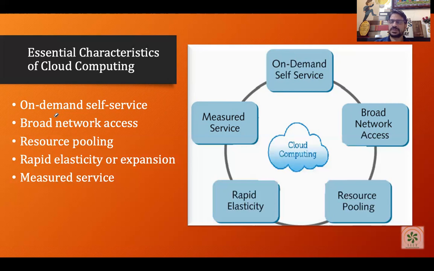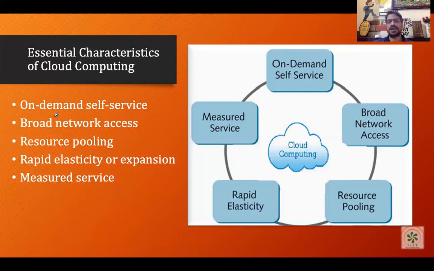So what the cloud service provider will do is scale up. Let's say I have chosen 4 GB of RAM, 100 GB of hard drive, or 4 cores of processing. They can scale up the resources whenever required.